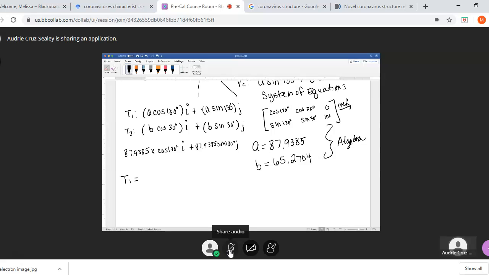And that gives me negative 56.5 I plus 67.4 J. And I'm going to do the same thing with T2, except for T2, I'm going to put B in, 65.2704 for both of them.